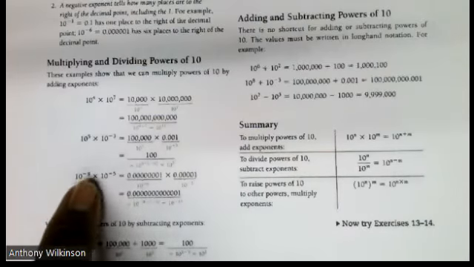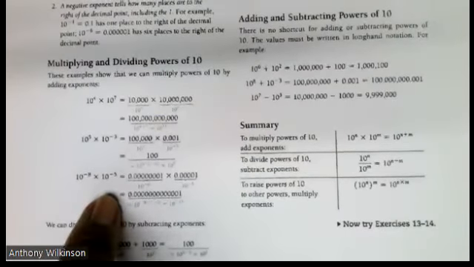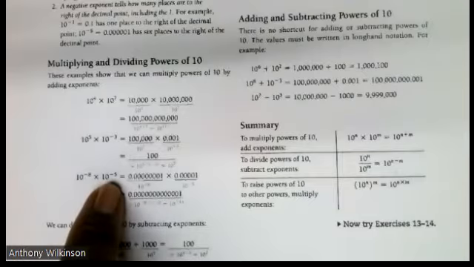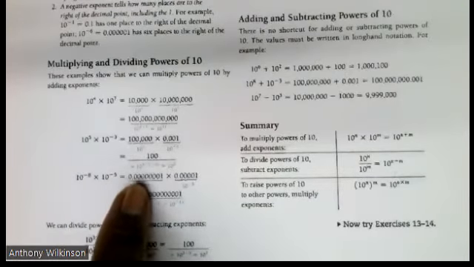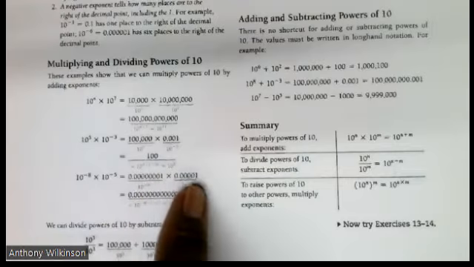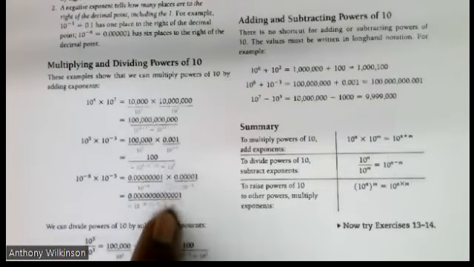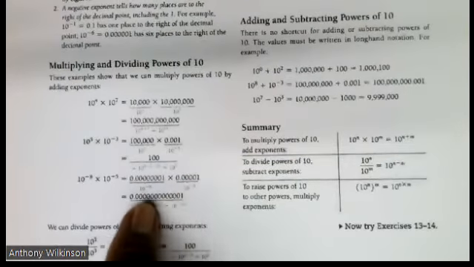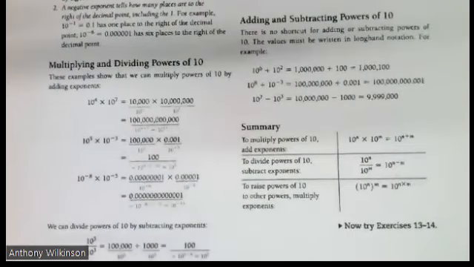And here's one with both powers of 10 being negative exponents. 10 to the negative 8 times 10 to the negative 5th. We write this out as 10 to the negative 8, and this is going to be 10 to the negative 5th to get all of this. And it's going to have 13 digits after the decimal point.